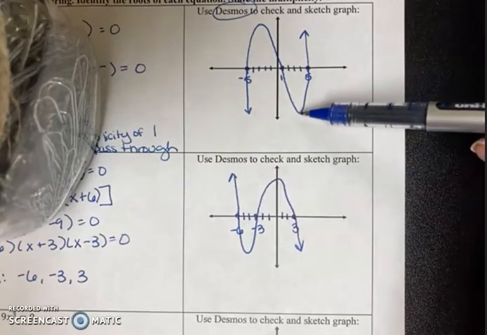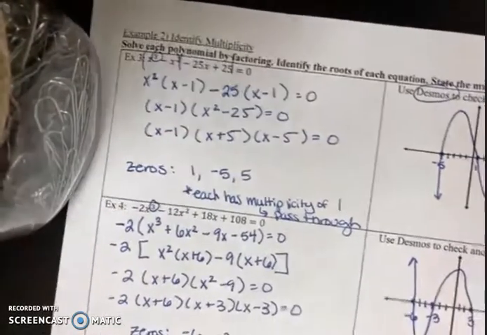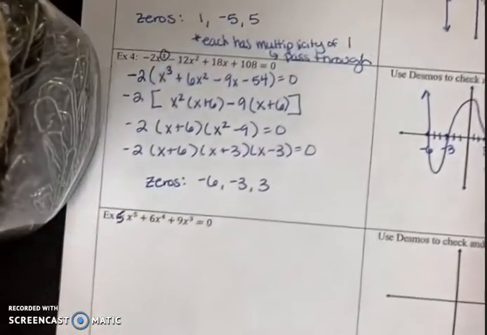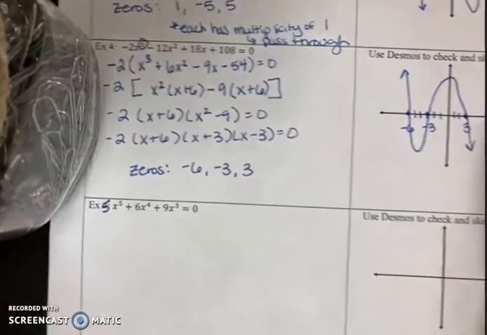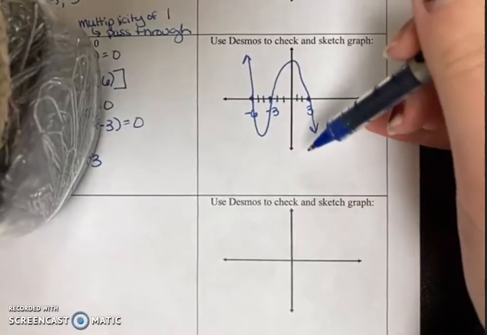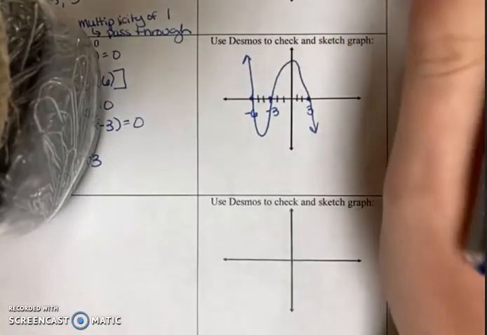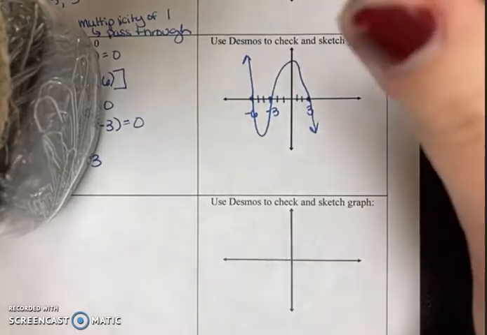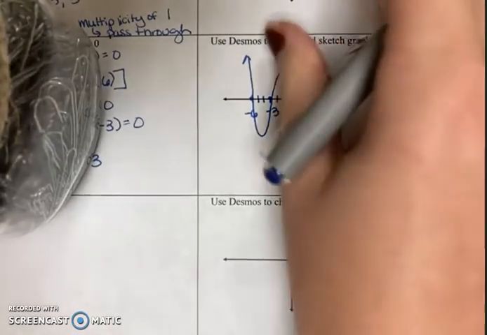Now the A value was initially positive because we can see it was a positive 1, which is why as it moves to the right it's moving up. In example 4, the A value was initially negative, which is why it's opening down. I'm not going to test you over that right now. I just wanted to point it out. I'm going to point out something else after some try problems.